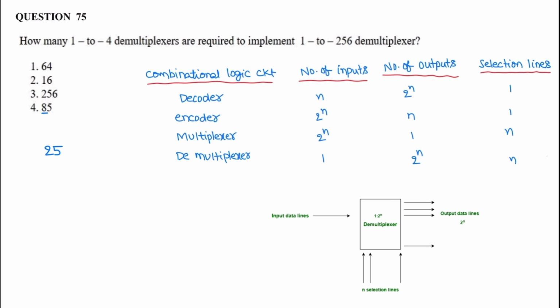That is 256 by 4, it is 64; 64 by 4, 16; 16 by 4, it is 4; 4 by 4, it is 1. The total number of demultiplexers required is 64 plus 16 plus 4 plus 1, which is 85. So 85, 1 to 4 demultiplexers are required to implement a 1 to 256 demultiplexer. Correct answer is option 4.